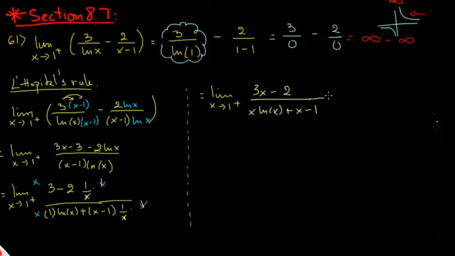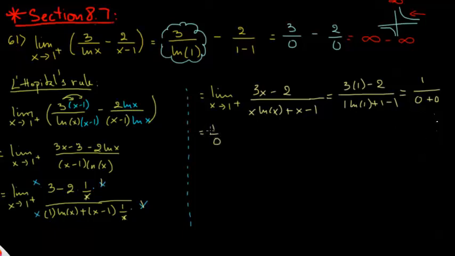If I plug in 1 right now, what do we have? We will have 3 times 1 minus 2 over 1 times ln 1 plus 1 minus 1. So we will have 1 over ln 1, which is 0, plus 0, so you have 1 over 0.